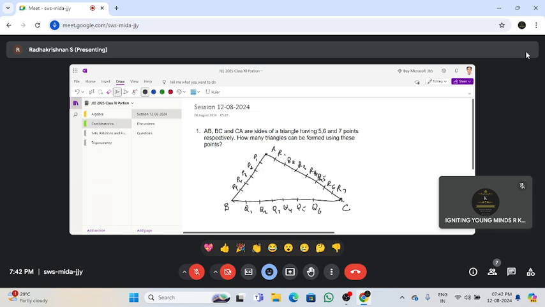Any idea? So for forming a triangle, we need to pick up 3 points. So how many ways can we pick 3 points that will form a triangle?